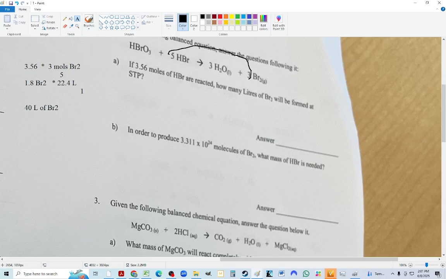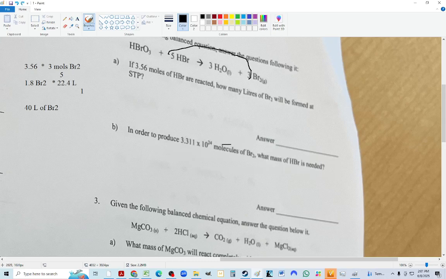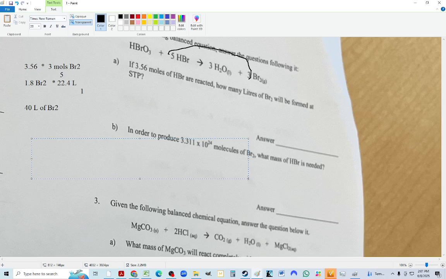Then notice here, then they ask the number of molecules. In order to produce that many molecules of Br2, how much HBr? Notice they ask for mass. So you have to work backwards. How many moles is that? So you would take that, and you'll know that it's 1 mole for every 6.022 times 10 to the 23 molecules.